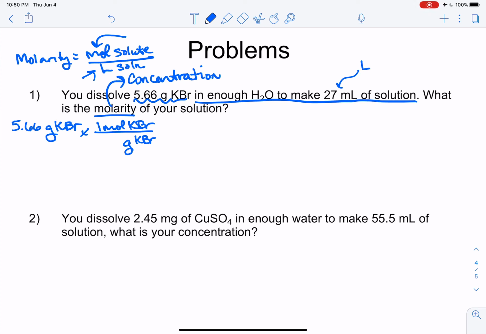You're using a molar mass. Now, where do I get the number that goes in the bottom next to grams? I get it right off of the periodic table. I pull out my periodic table and I add up the mass for potassium and I add up the mass for bromine, and I get 119.0. Now notice how you have 3 sig figs in your original given.